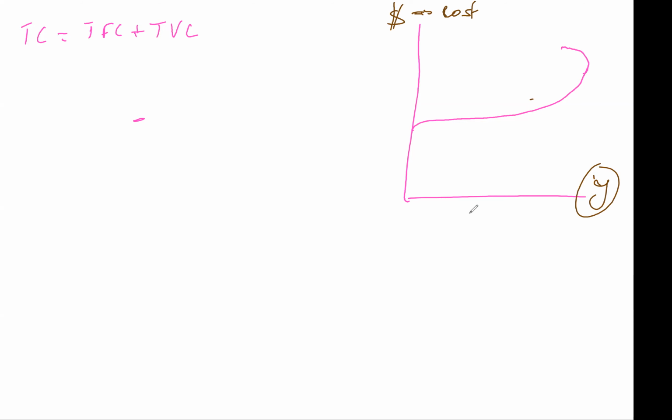What I'm trying to figure out is, as I'm increasing my output, how much does it cost me? And this will be the optimum. In this area I'm still spending more money but getting fewer output.